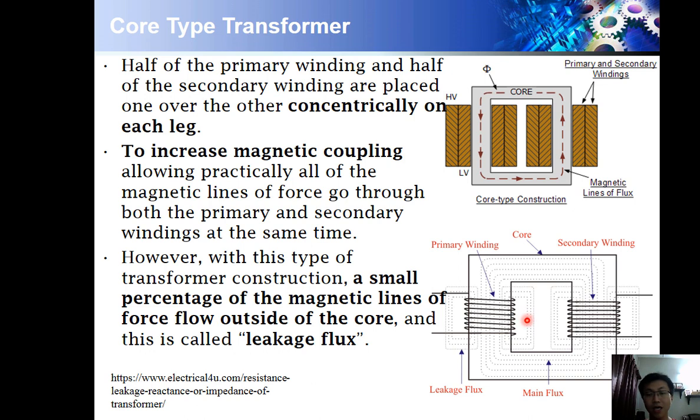This side is not connected to the secondary, so energy will be lost. That's why this is called leakage flux. This is also called leakage flux. We have a primary leakage flux like this, and we also have a secondary leakage flux like this, which will cause losses.